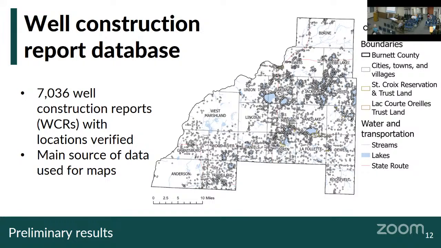And so you can see there are some areas where we're going to have less data, but even in the areas where we have data, there are still uncertainties. Either, you know, things can be recorded incorrectly on the report, or maybe we don't know exactly where the well is on the landscape. So just some things to keep in mind.